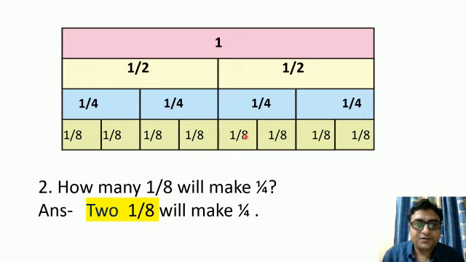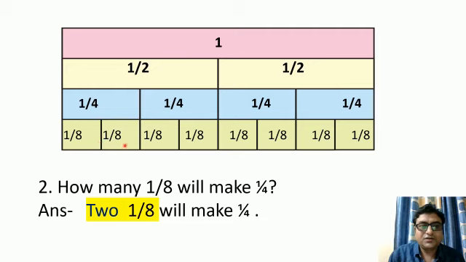A little bit confusing is how many 1/8 will make 1/4. First we will see what makes 1/4. So this is 1/4 and it is made up of 2 1/8. This whole area is 1/4 and it is divided into two parts.